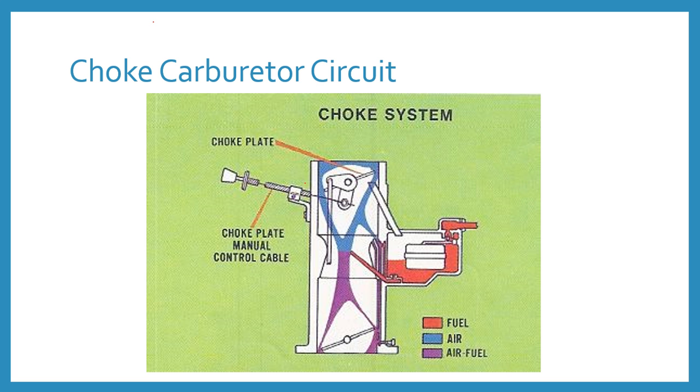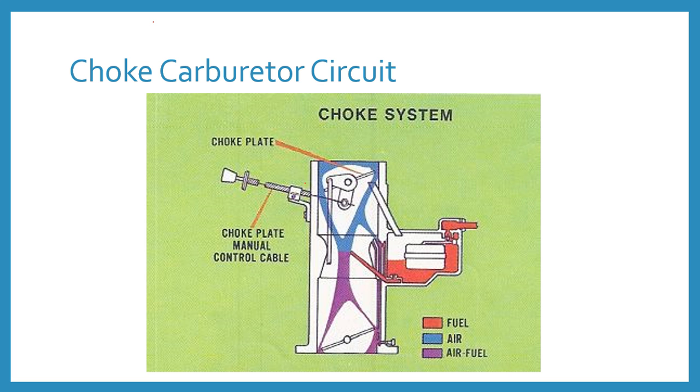A greater pressure difference is caused between the inside and the outside of the carburetor. The greater pressure difference causes a greater vacuum inside the mixing chamber, due to which more fuel flows out of the main nozzle, resulting in a rich mixture.